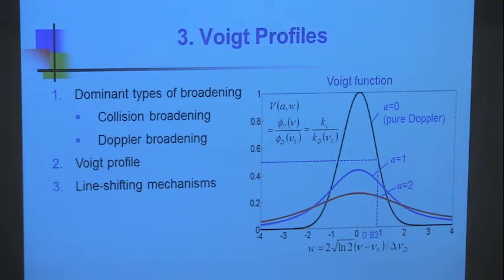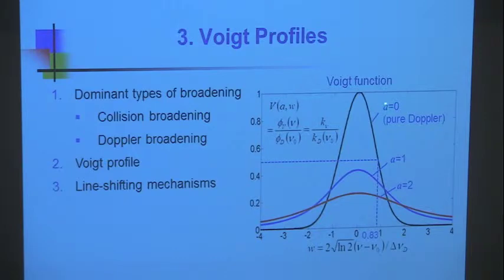The black line is the Voigt function with a parameter a equal to 0. I'll define that in a minute. The Voigt function depends upon two quantities, the Voigt a parameter and the distance from line center, omega. Down here is a normalized distance from line center: 2 root log 2 times the distance divided by delta nu D. So always normalized by delta nu D.